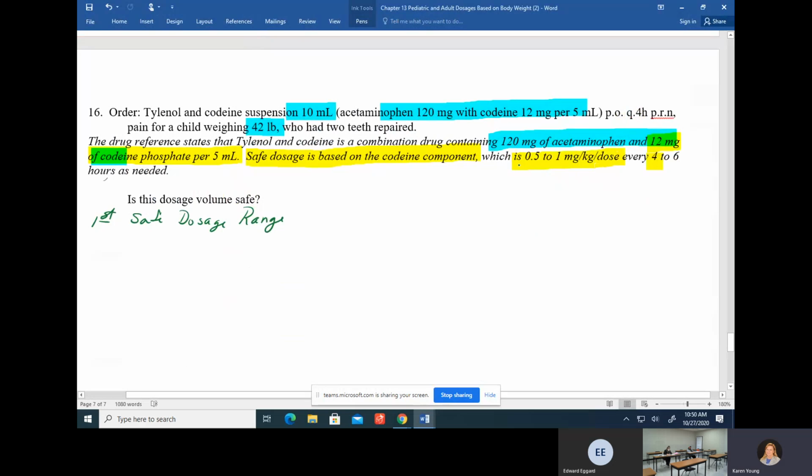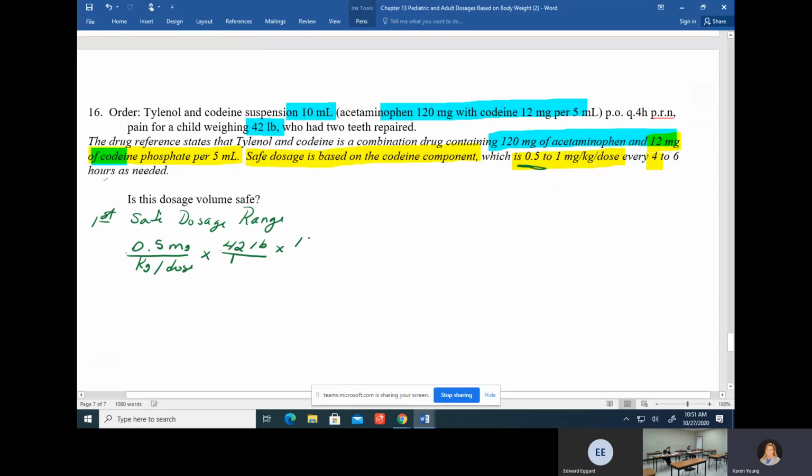So I'm going to start with the 0.5 milligrams per kilogram, times my child's weight of 42 pounds.